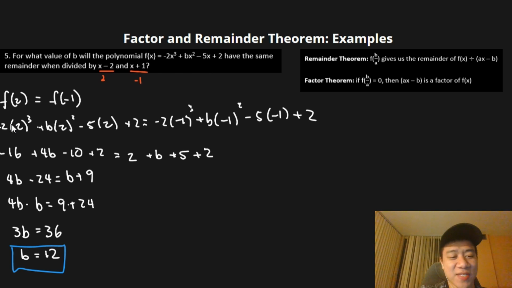Then we substituted 2 into our polynomial to get a nice long equation, and we simplified things. We solved this by moving all the b's to one side and all the numbers to the other side, which is what we did after we simplified some of these numbers. And there we go. We found the value of b. That's all there is to it.